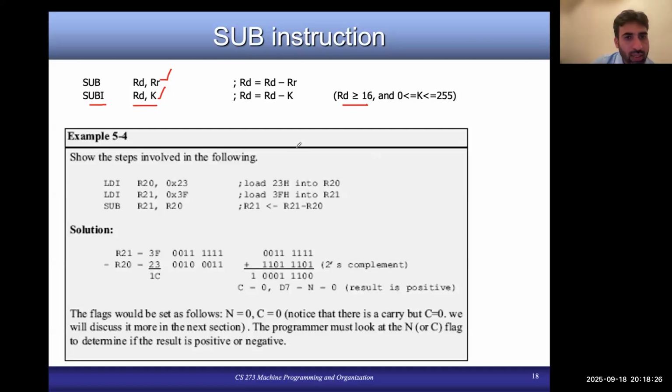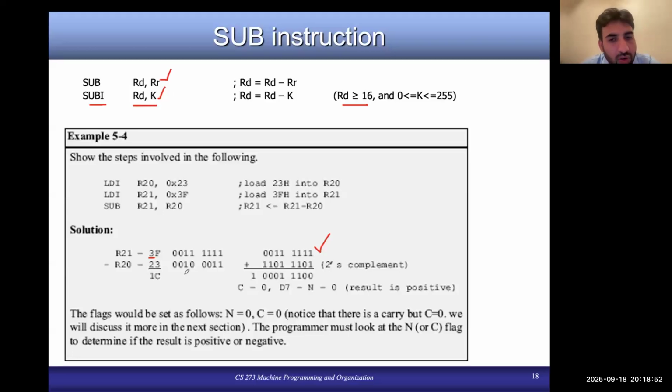Now let's have a look at this example. Basically, what we are doing is simply subtracting 3F from 23, right? So how are we subtracting it? For 3F, we have this binary. The first hexadecimal digit 3 is 0011, and for F we have four ones.